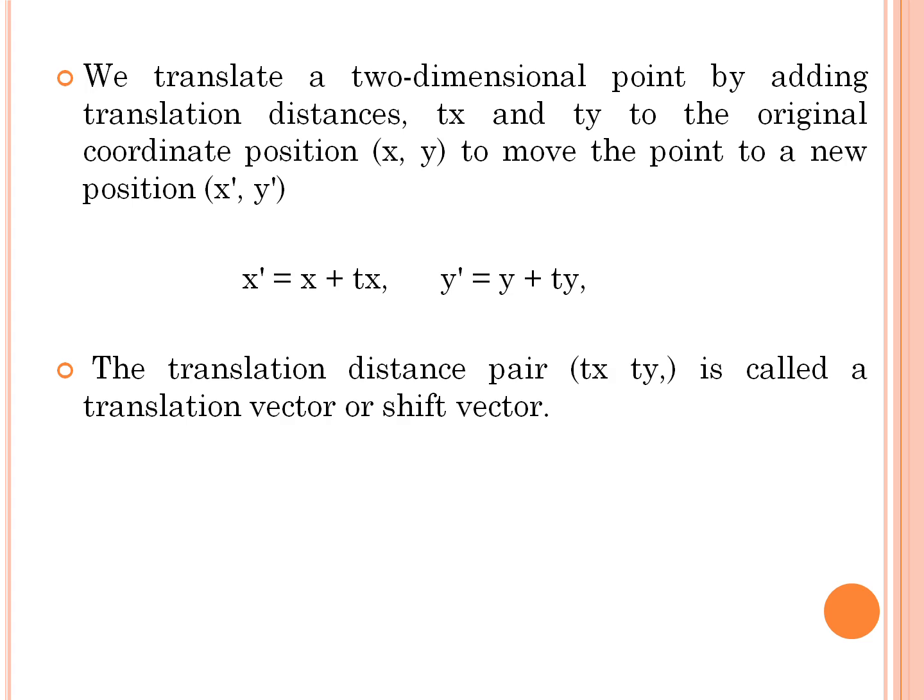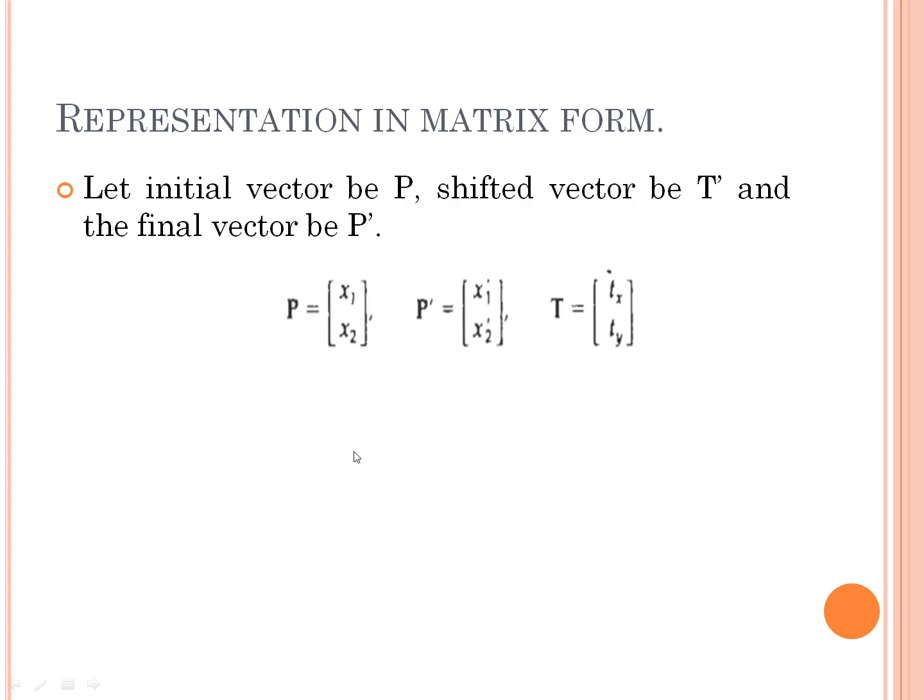So from this equation, if we want to shift the object along a straight line, we have to shift the x coordinate and the y coordinate, and that distance pair tx comma ty we call the translation vector or shift vector.